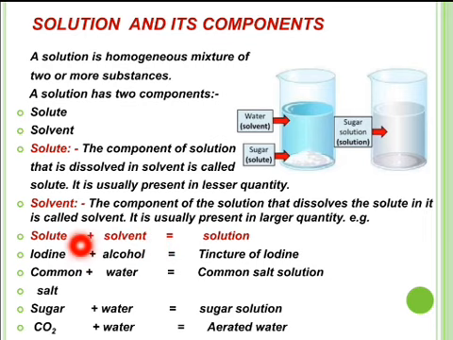So, iodine is a solute, alcohol is a solvent, and after mixing together the solution formed is called tincture of iodine. It's a very important question. In the exam you can be asked: find out the solute and solvent in tincture of iodine. Which is solute, which is solvent in tincture of iodine?